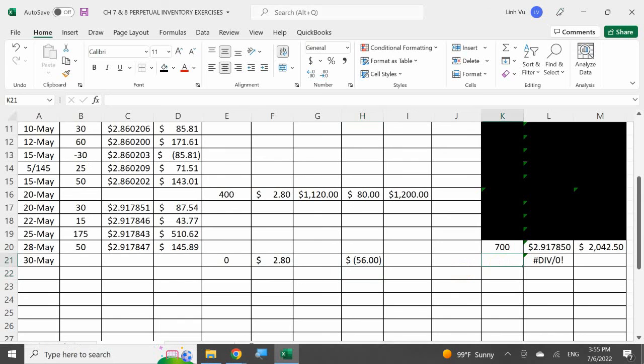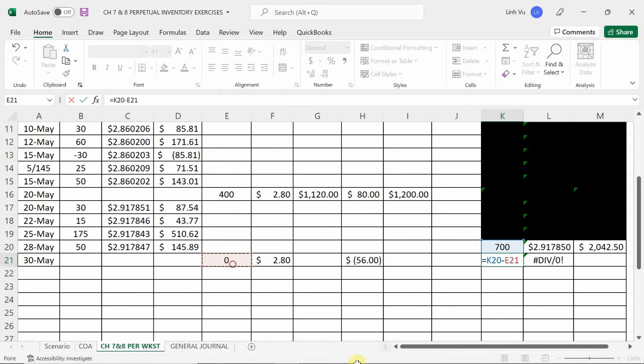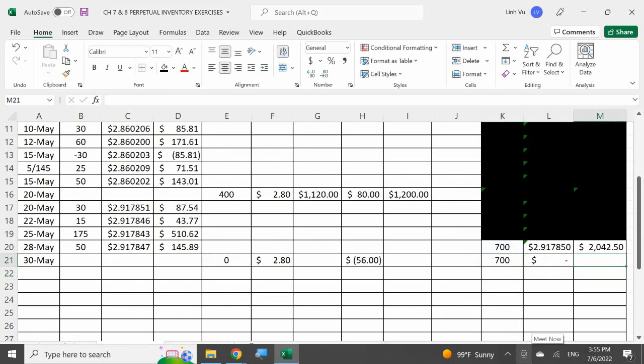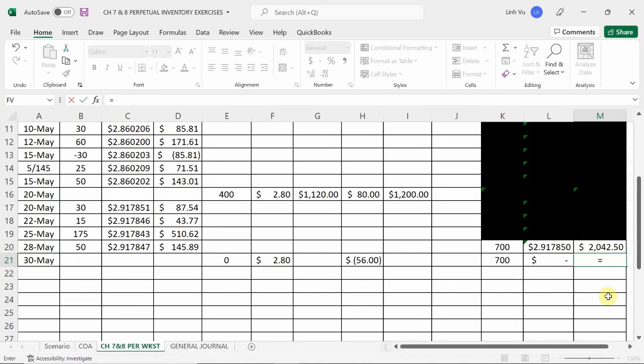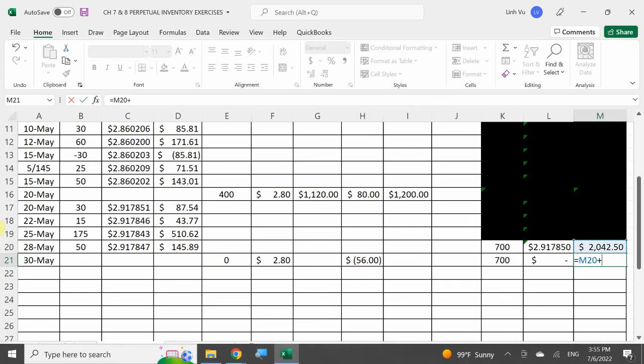So in this case, I still have 700 units. However, because I received the discount off of those 400 units, that means I received that 5% discount off of the $2.80 per item, which means I am going to be subtracting $56 because I received that money back.